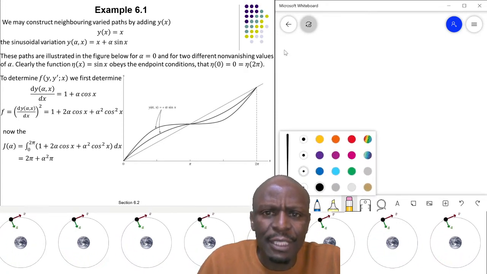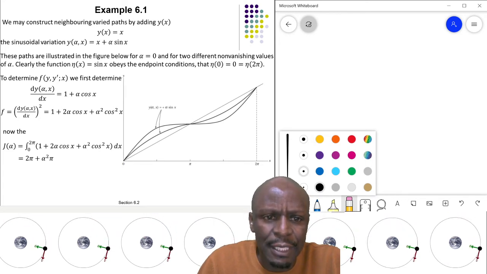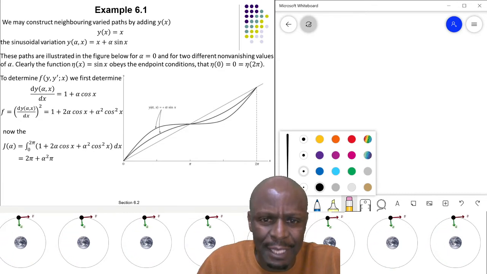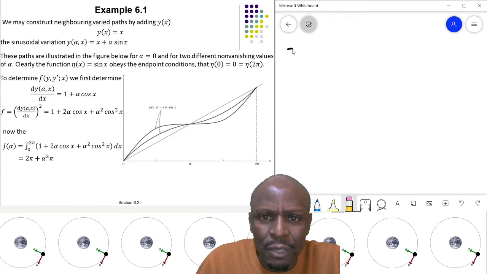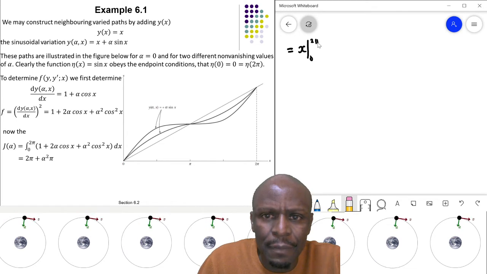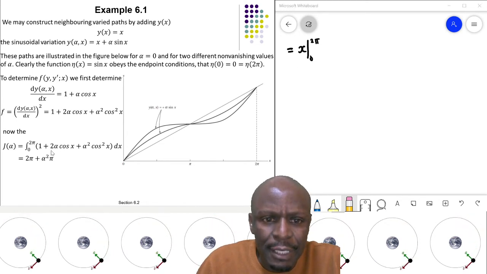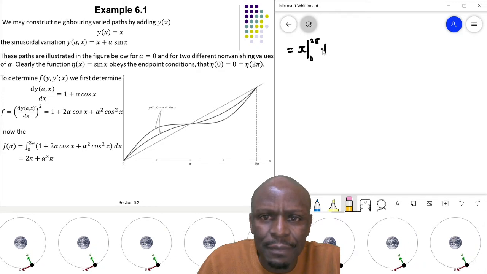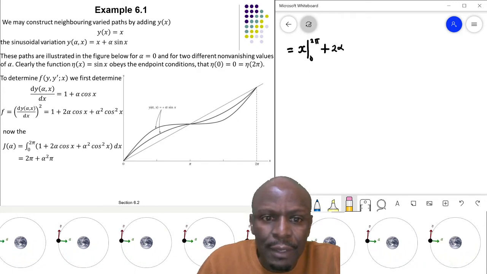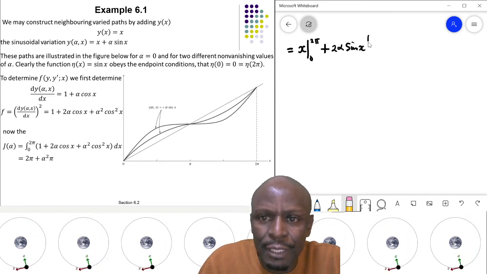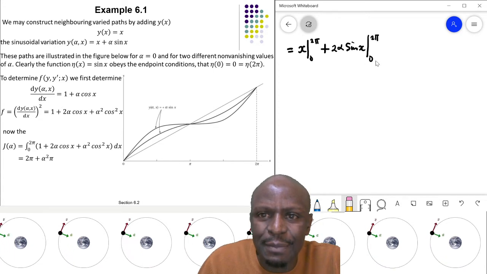Now for an example, I will start to integrate the integral from 0 to 2 pi of 1 dx. This is just going to be x from 0 to 2 pi, and the second term here is just going to be plus 2 alpha times the integral of sine x from 0 to 2 pi, which is going to vanish to 0.